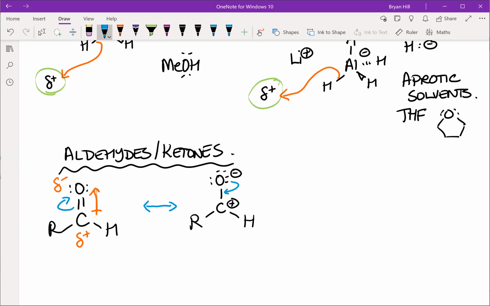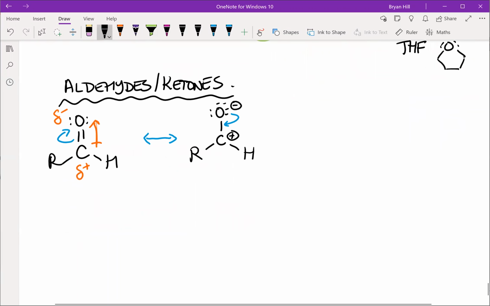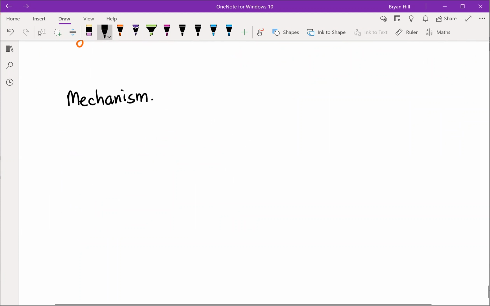So the way that this reduction would work is, as I said before, a two-step process where the first thing you would do is the mechanism. We'll use the sodium borohydride.